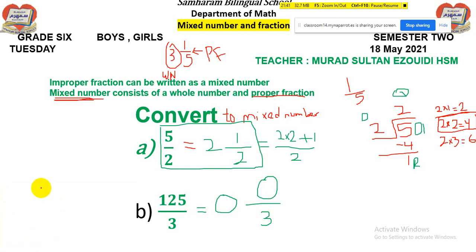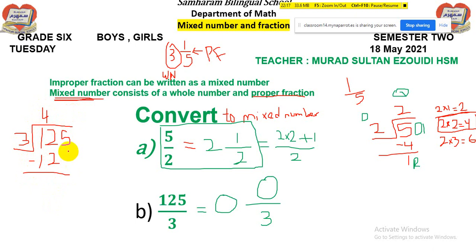Okay, look, 125 divided by 3. So 125 is the dividend, 3 is the divisor. I should find the quotient here and the remainder here. Clear? First of all, how many groups of 3 are in 12? I will write 4. 4 by 3 is 12. I will subtract 12.